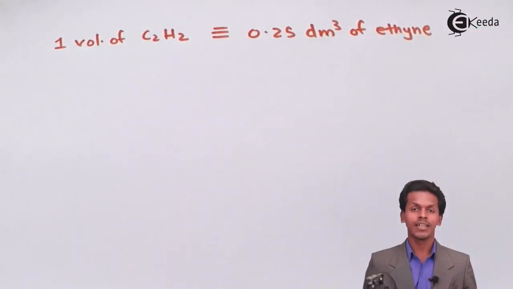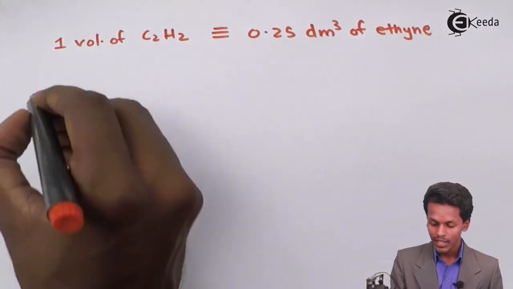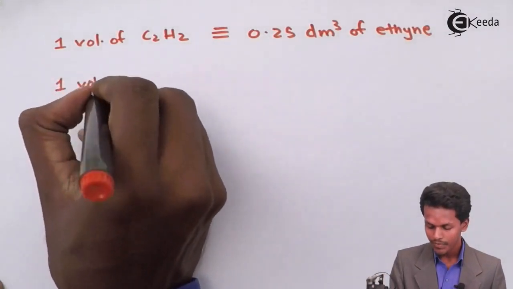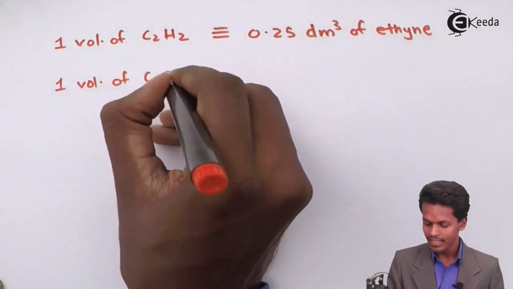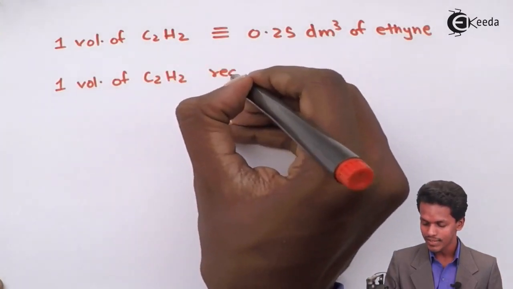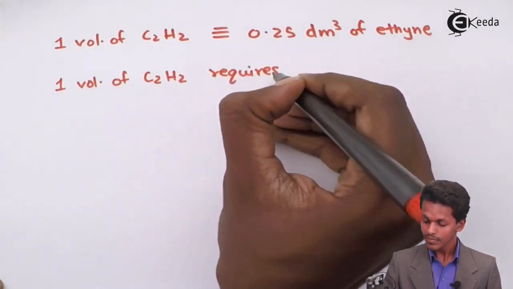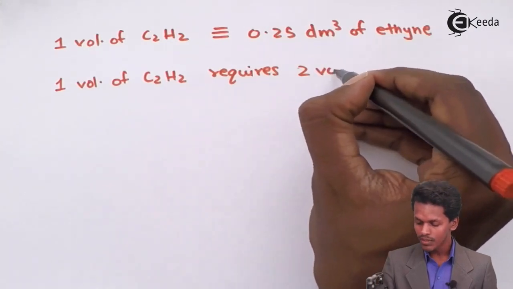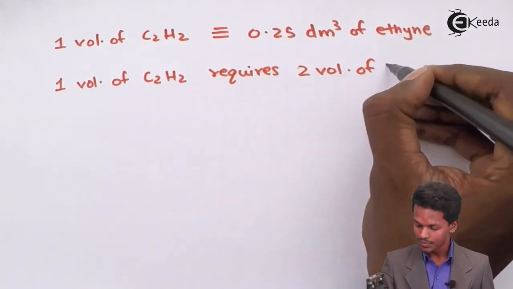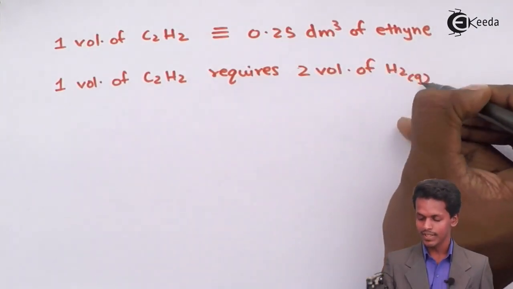from the reaction I can observe that 1 volume of ethyne, C2H2, requires 2 volumes of hydrogen in gaseous state.